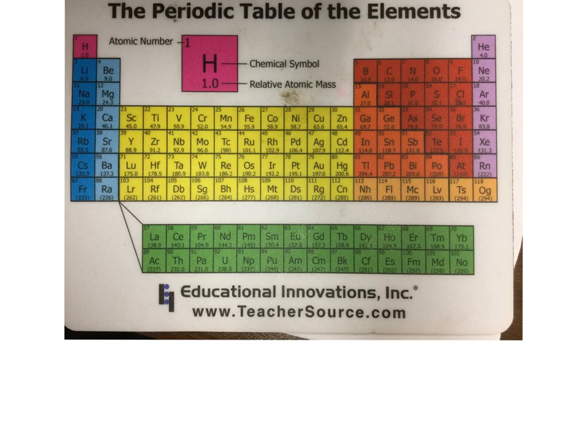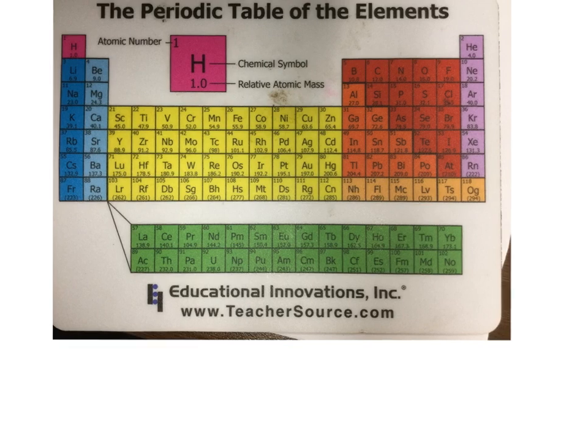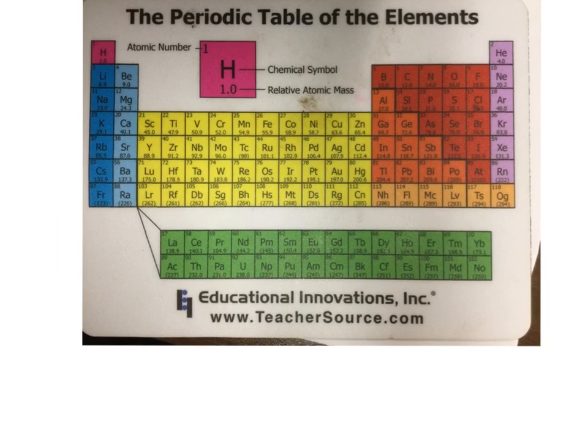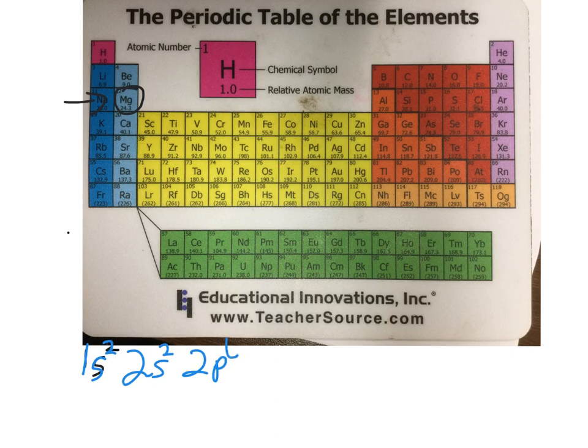Okay, let's do a different example. If you have something like Mg, which is magnesium, you're still in the third period, so it's going to be your third energy level. You don't necessarily have to do your 1s2, 2s2, 2p6, 3s2.